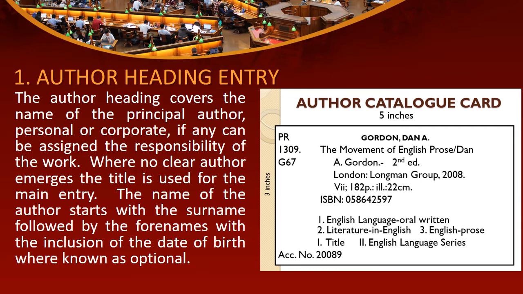So ILL means illustration. That means the book has maybe pictures, diagrams that illustrate the text that are presented in the work. 22 centimeter means the height of the book. Then the highest number of the book is stated there.